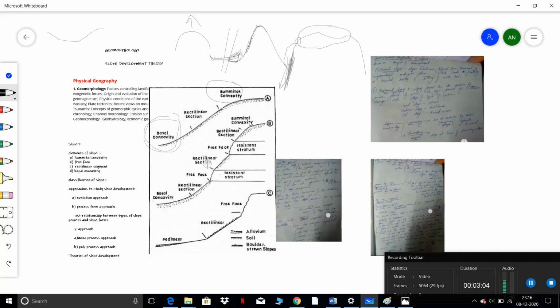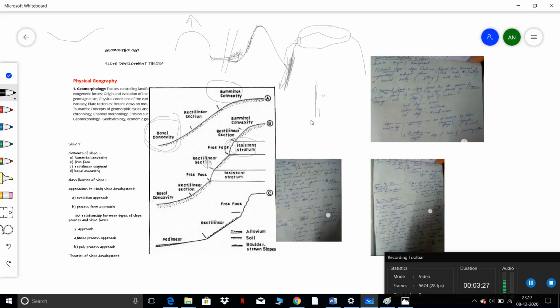Another slope segment is the free face. Free face has a very steep straight line, 90-degree. The important aspect of free face, which may come for 1 mark, is that it represents a resistant stratum, like a hard bed.